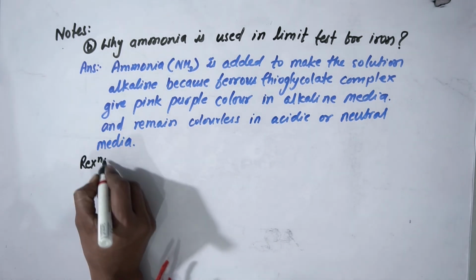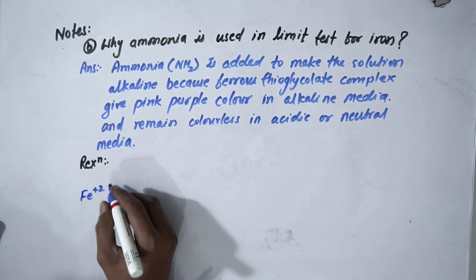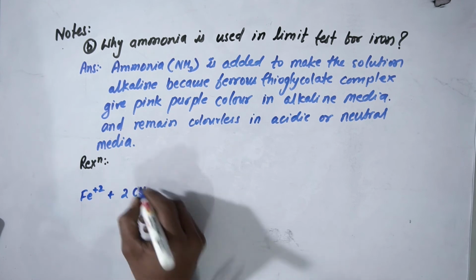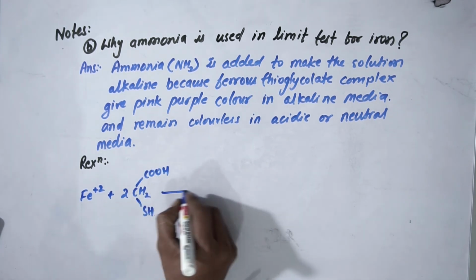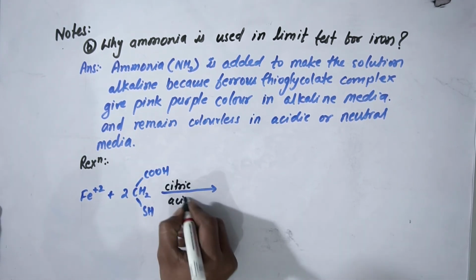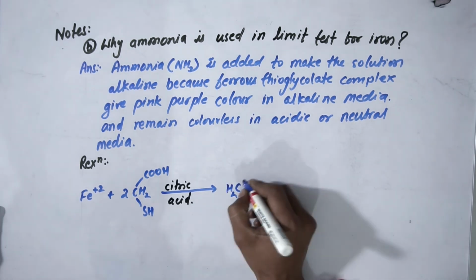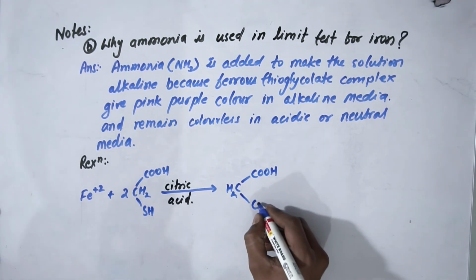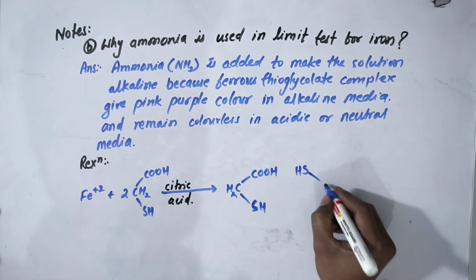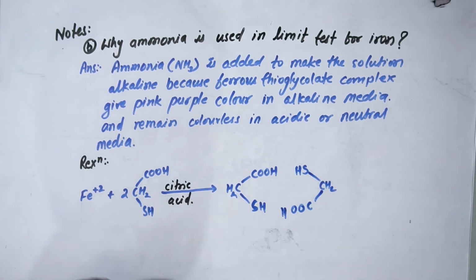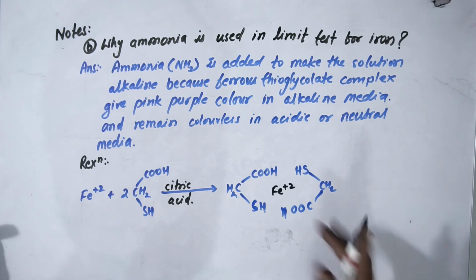Now we will write the reaction. Here this ferrous will react with 2 molecules of thioglycolic acid in presence of citric acid. Here we are going to write CH2COOH, and another molecule just write in the opposite direction. In the center you mention ferrous.